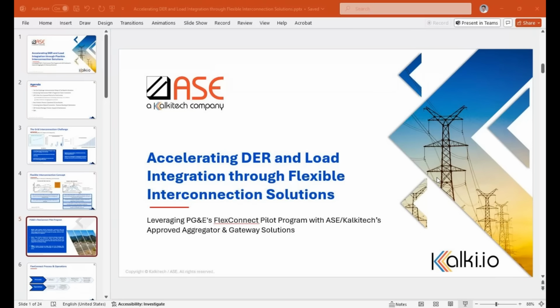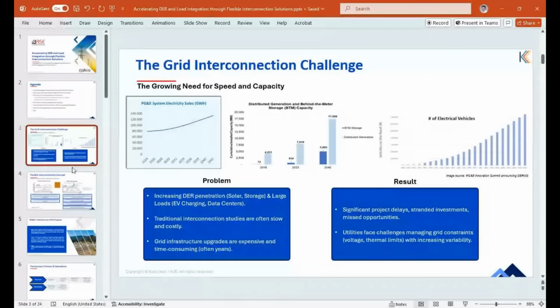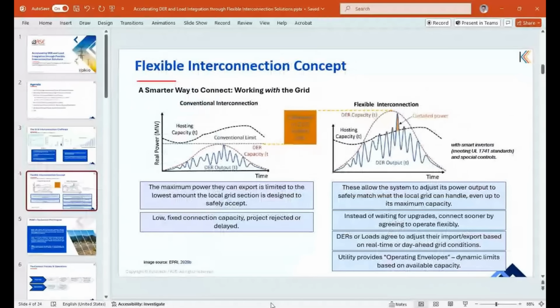Just a second. Got a message. Are you seeing slide number 4? Maybe somebody can put.